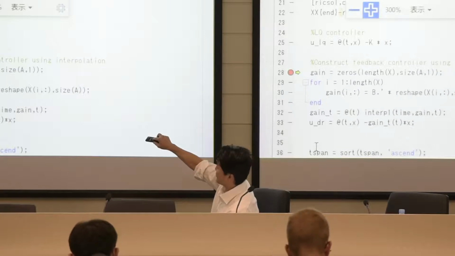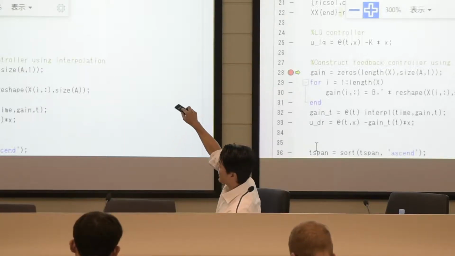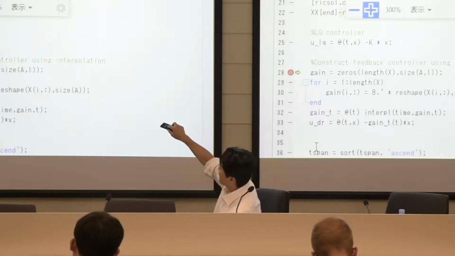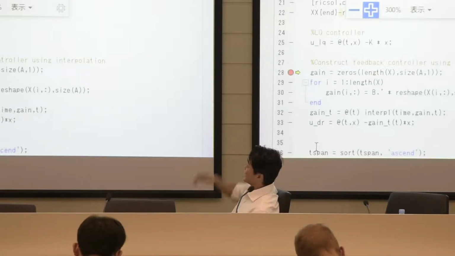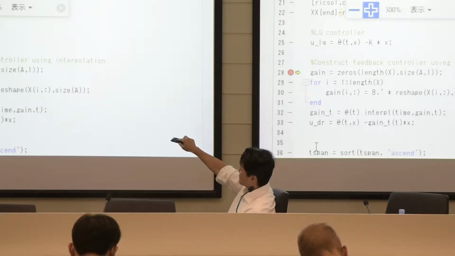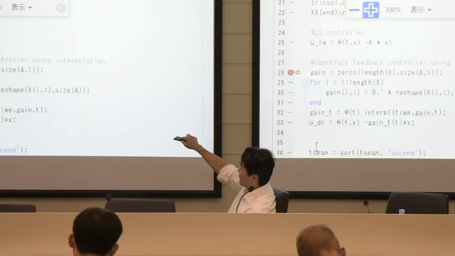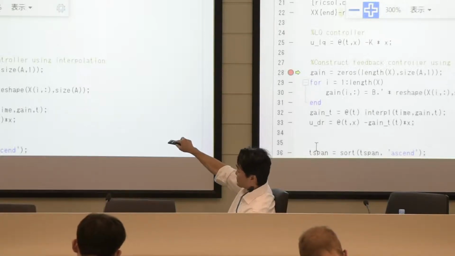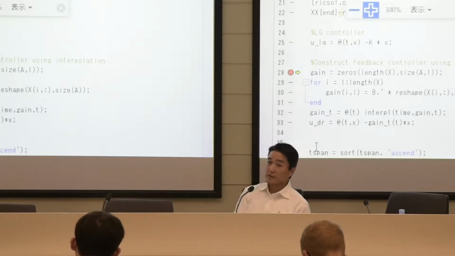To construct this function of t, I needed the data of gain, which is computed by the differential Riccati equation, P of t. I prepare lots of data from P of t and throw those data in here, and also throw the time data here. And interpolation 1 computes the value, or predicts the value at your time t based on these two data. That's interpolation, actually linear interpolation.